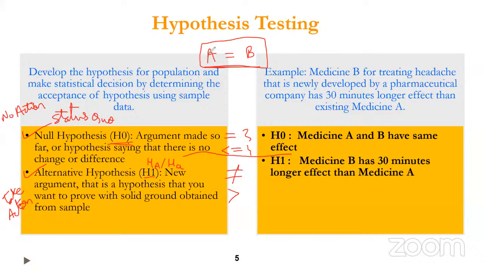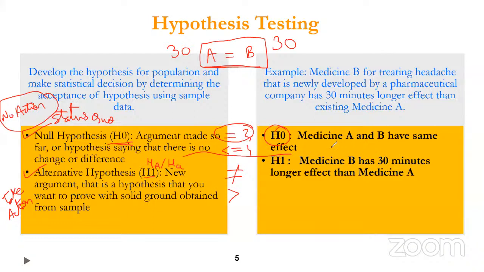If you have tried the A medicine and the effect was 30 minutes, for example, and if you have tried the B medicine and there also the effect was 30 minutes, obviously you will be unable to select one medicine because both are having the same effect time. So if the effect time is the same, you are unable to take an action. And that is why this equals-to condition always belongs to the null hypothesis.